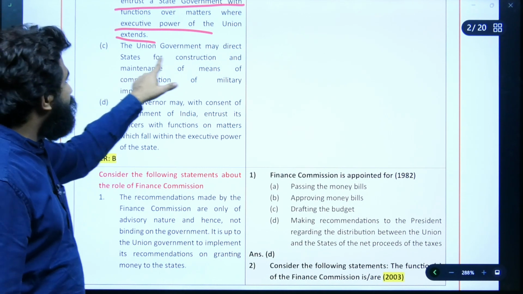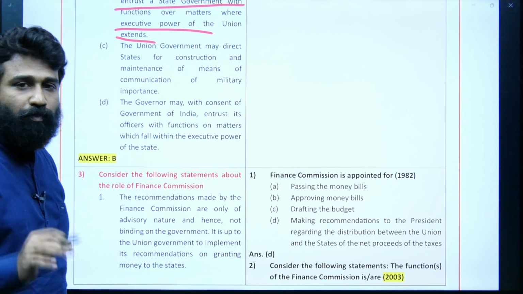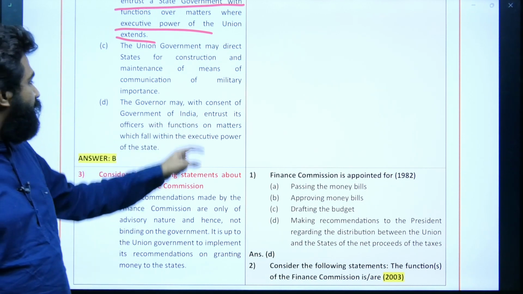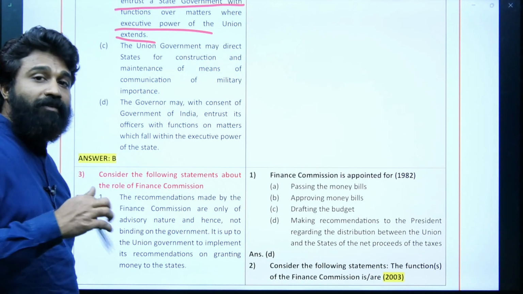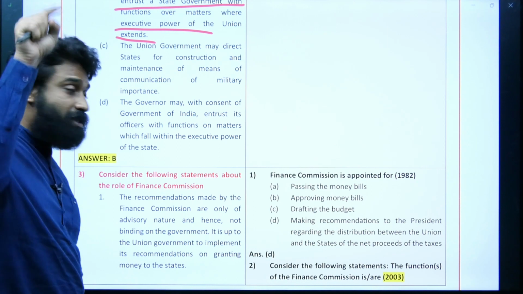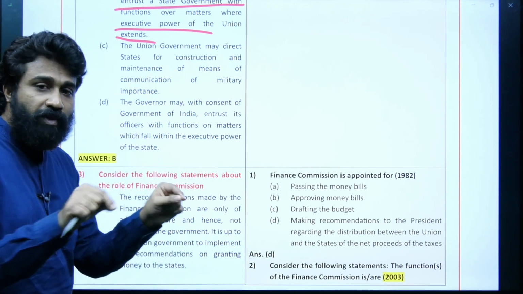That means the union government may direct states for the construction and maintenance of means of communication of military importance. And also the governor, with the consent of the government of India, may entrust its officers with the functions and matters which fall within the executive power of the state.